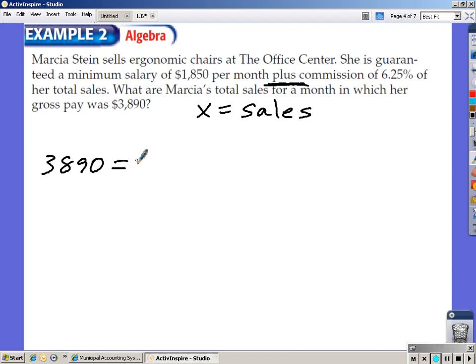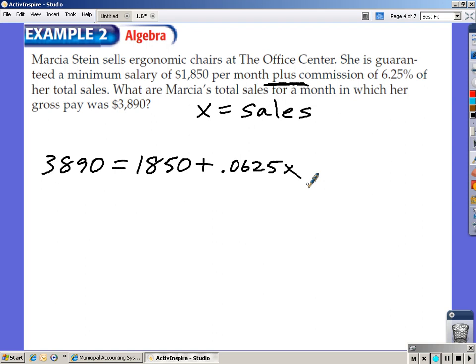Okay, we had her guaranteed minimum salary of $1,850 plus her commission of 6.25%, which in decimal form is 0.0625, and then of her total sales. X equals her sales right there.